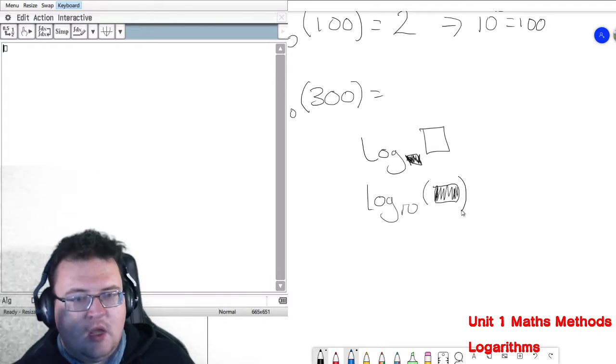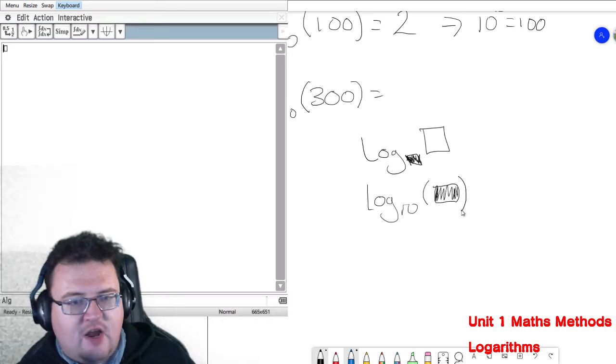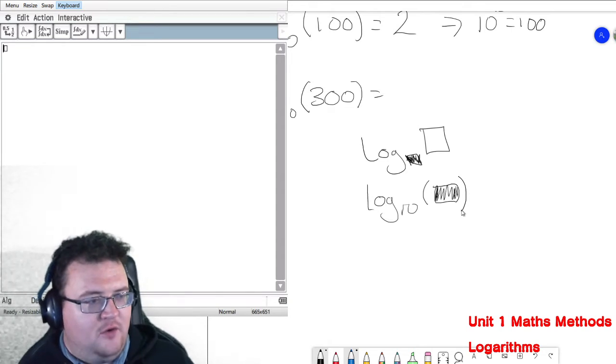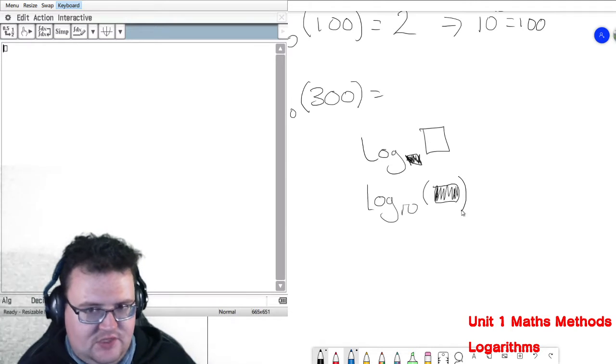All right, so these are our log buttons. Log blank blank is for if we want to find something else, and I'll show you how to use that in a moment.